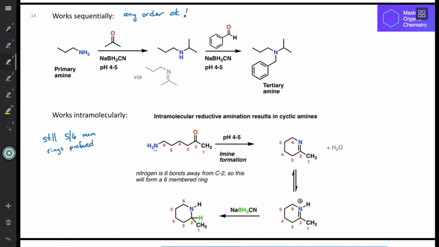But I do like to number mine a little bit differently, right? So this lone pair is attacking here at that carbonyl. So I like to count from here: 1, 2, 3, 4, 5, 6, right? And then this is my ring, right? 1, 2, 3, 4, 5, 6.